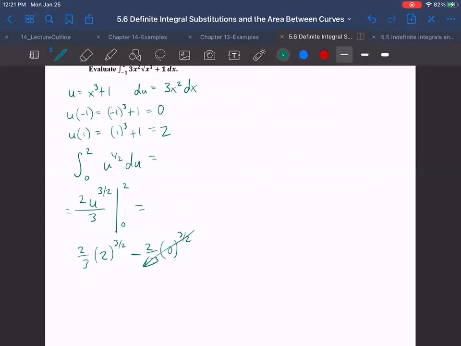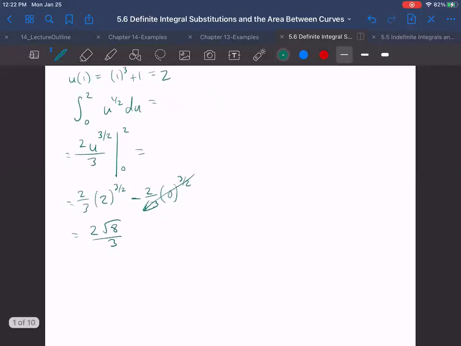So it's just the square root of 8. So this will equal 2 square root of 8 over 3. And square root of 8, we can make square root of 2 times 4, which is then 2 root 2. So this can also just be 4 root 2 over 3.